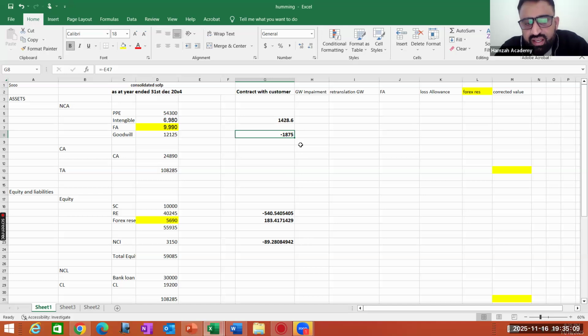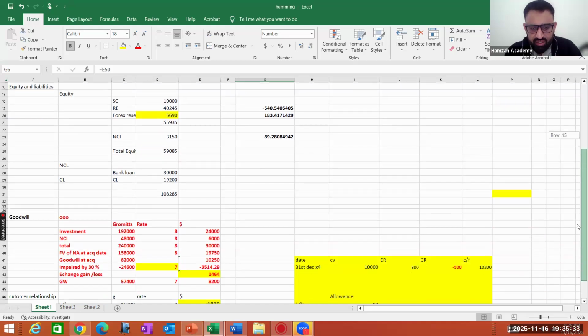They have calculated the goodwill, but they ignored the customer contract. So we need to record only the effect of the customer contract. And then at the year end, the carrying value of the customer contract should be added in the value of the intangible asset.